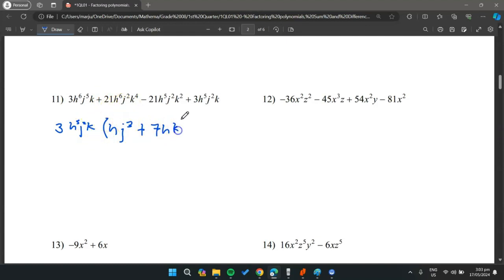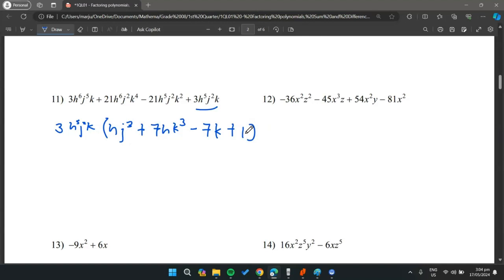We have k cubed minus, this is negative 21, so we have 7. H will be cancelled out, j will be cancelled out, we have k remaining, and then plus, this is exactly the same as our common factor, so this is just 1. So that will be our answer for number 11.